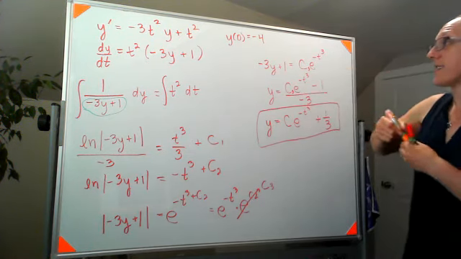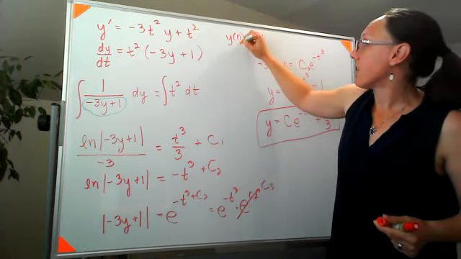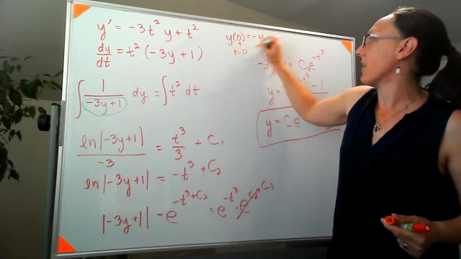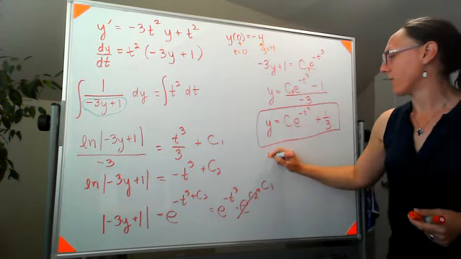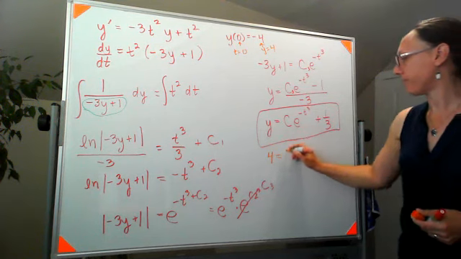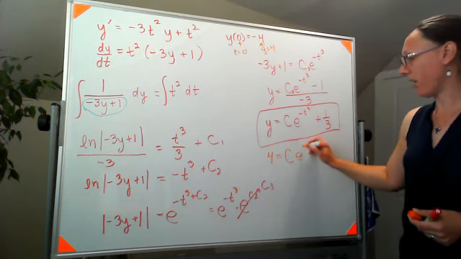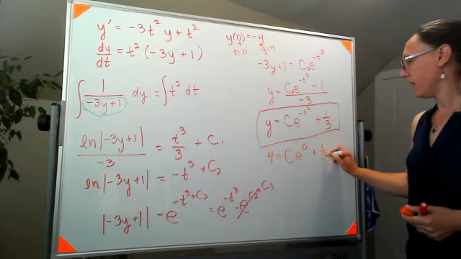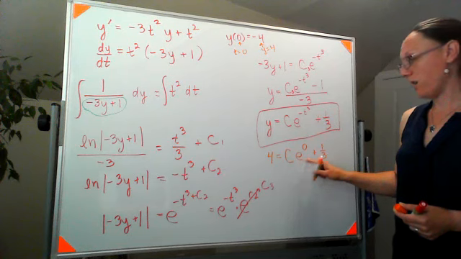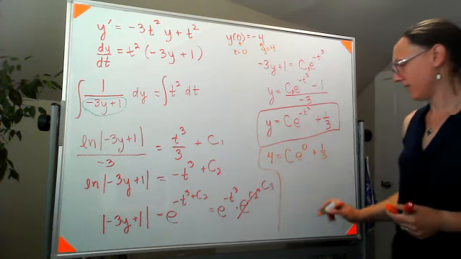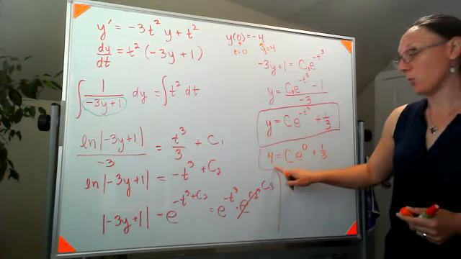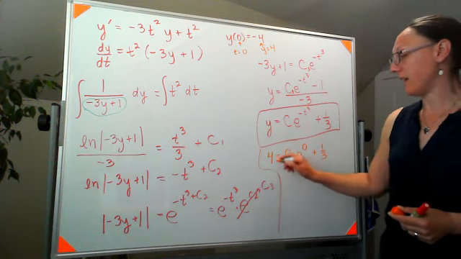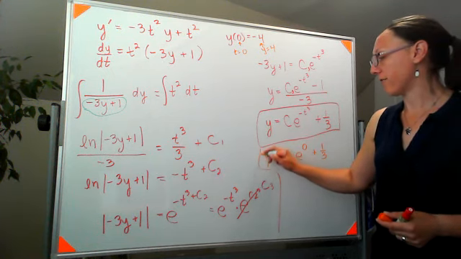So looking at this notation-wise, this tells me that t equals 0 and y equals 4. So if I set y equal to 4 and t equal to 0, then e to the 0 is 1. So it looks like 4 minus 1/3 is going to give me c.